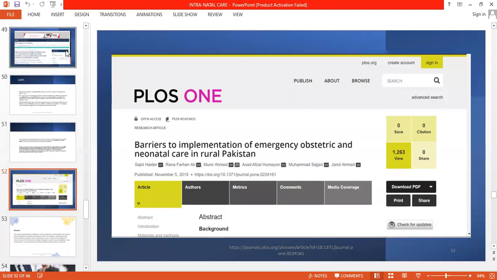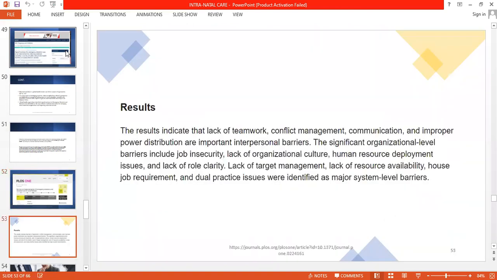This is one of the studies conducted in rural Pakistan, and barriers to the implementation of emergency obstetric and neonatal care are discussed in this study. The results indicate that lack of teamwork, conflict management, communication, and improper power distribution are important interpersonal barriers.